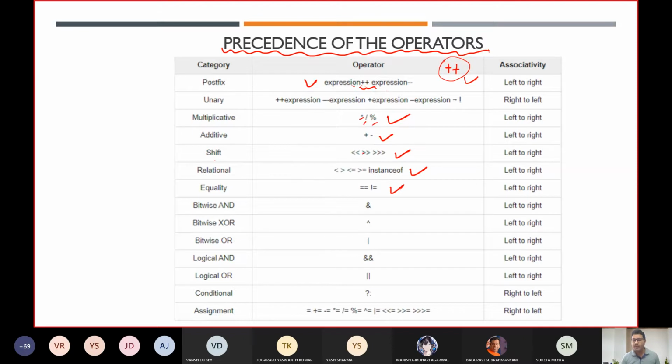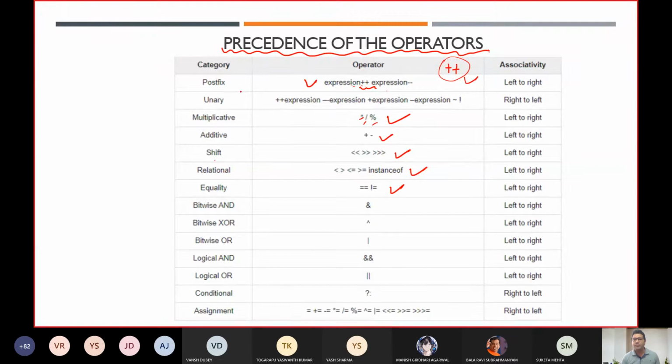Keep in mind that if you get a very complex expression, you need to know where to start executing it, because if we start from any random point, we will get a different result.